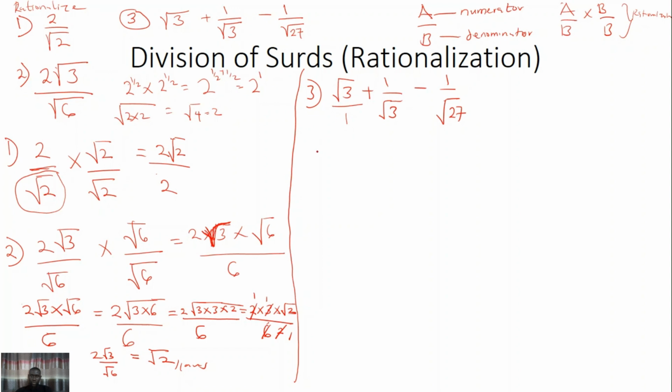So what we do for root 3 is to multiply it by 1, which is still remain the same. We don't need to put it there. Okay?